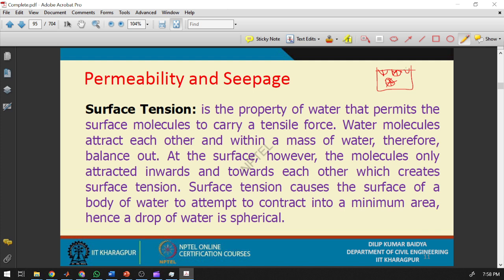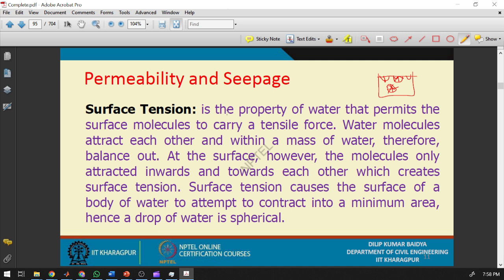Due to this imbalance of forces, this creates a net tensile force along this surface. This is called surface tension, and it kind of makes the water act like a membrane.